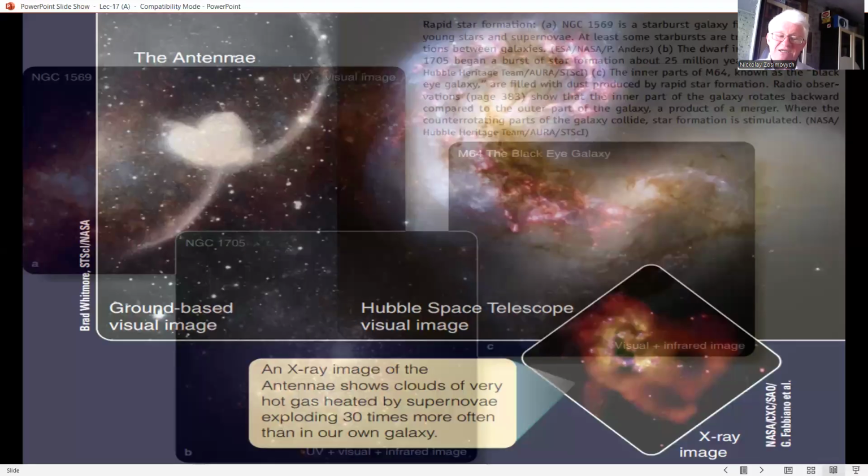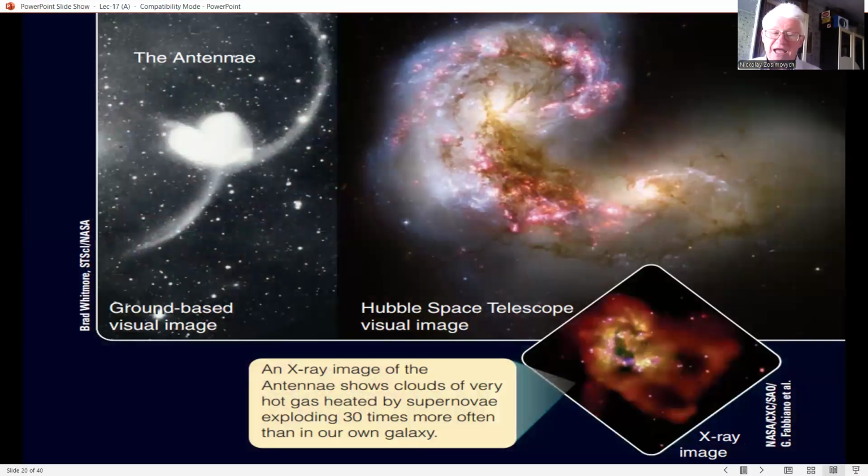Starburst galaxies are very luminous in the infrared because a collision has triggered a burst of star formation that heats the dust. The hot dust radiates the energy in the infrared.